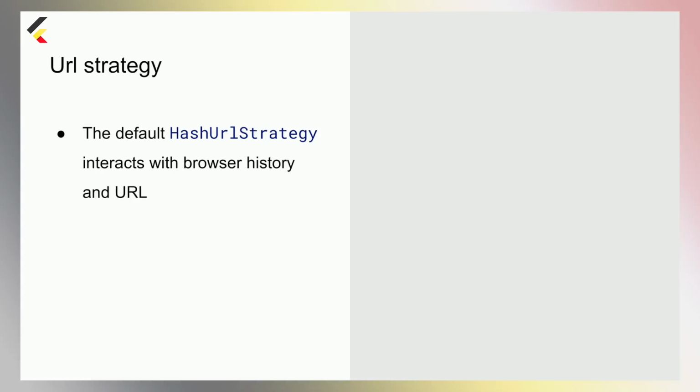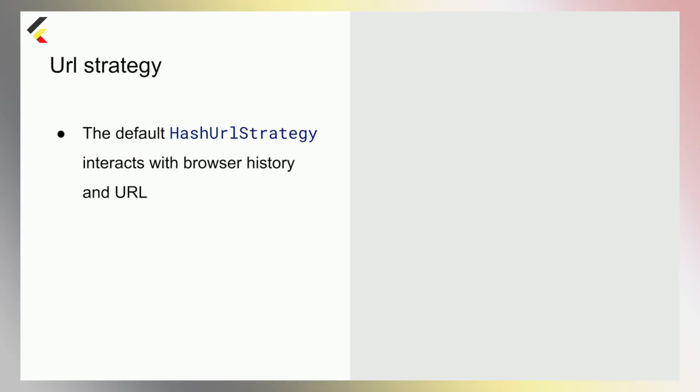One more thing is about the URL strategy. By default, Flutter web apps follow the hash URL strategy, which will interact with the browser history and the URL that we see in the browser. This can also cause some weird behavior, definitely if you're running in a single page application that listens to that as well, and they can conflict.